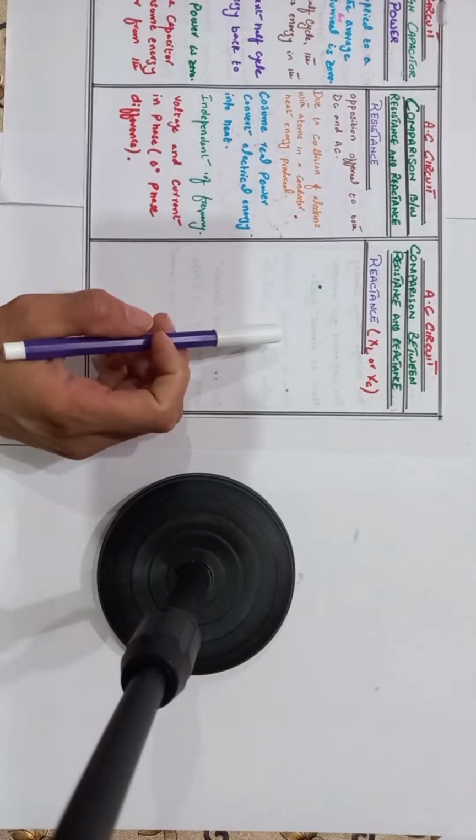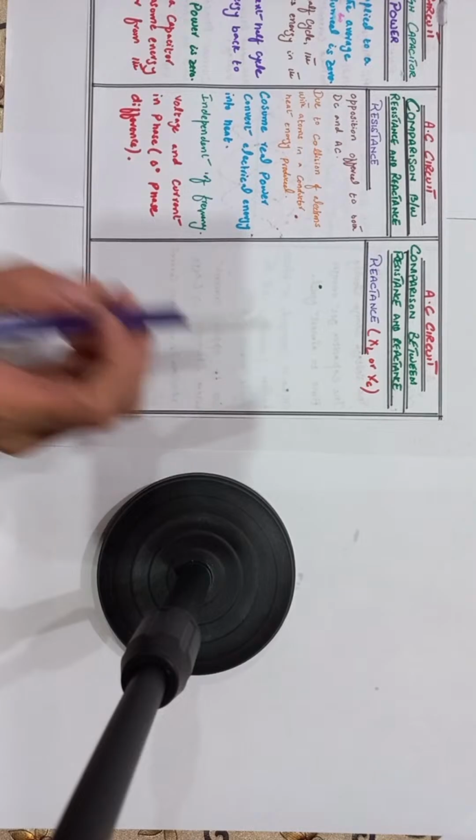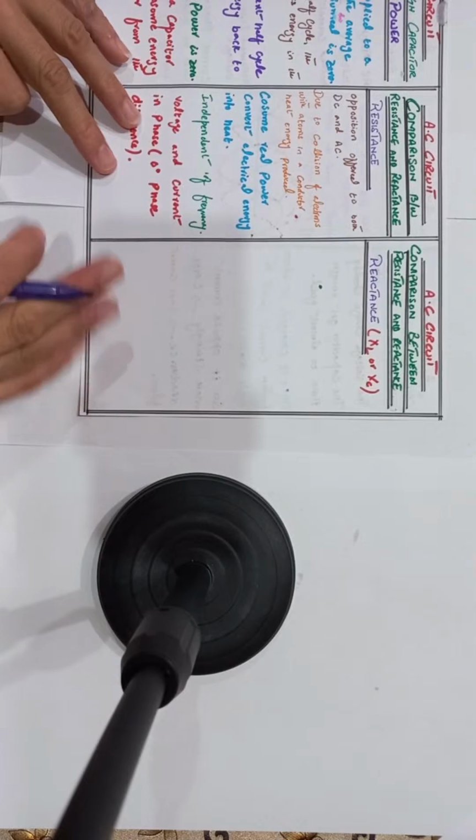So first point we write about the reactance is the opposition offered only to AC current, not to DC current, because it depends upon the frequency.